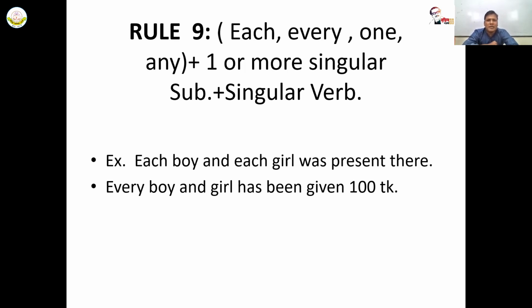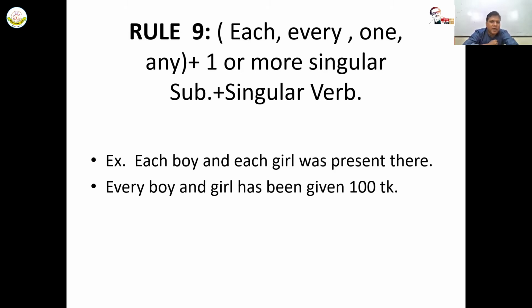Each, every, one, any, plus one or more singular subjects, then it will take a singular verb. There is some confusion in this, so you have to be very careful here. A general rule is that if there are two subjects joined with and, then it will be a plural subject, but not like here.